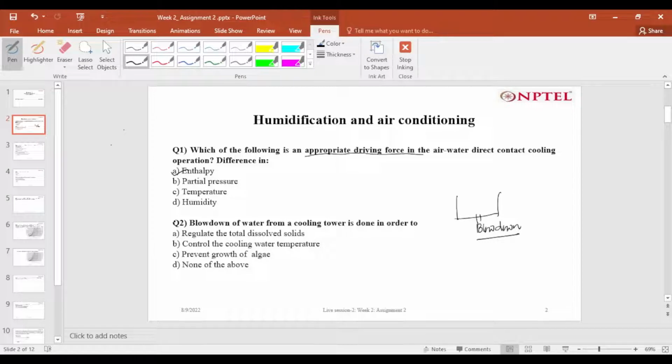Are you getting it? Because here the other options are to control the cooling water temperature, and to prevent the growth of algae. Blow down does not control the cooling water temperature, nor does it prevent algae growth. The solution of question two is A, to regulate the total dissolved solids.